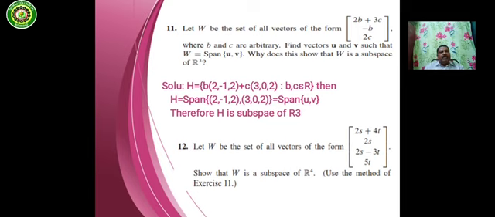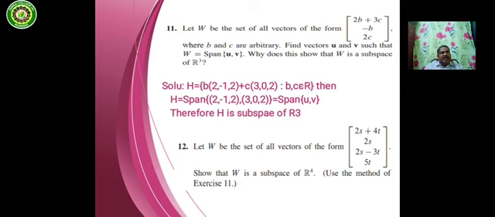So H equals a column vector. How many constants are there? b, c, two constants are there. So first we write the b coefficients. In the first row the b coefficient is 2, in the second row the b coefficient is -1, in the third row b is not there, so we write 0: (2, -1, 0).